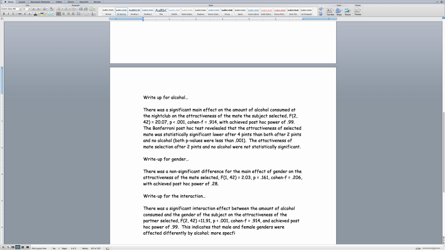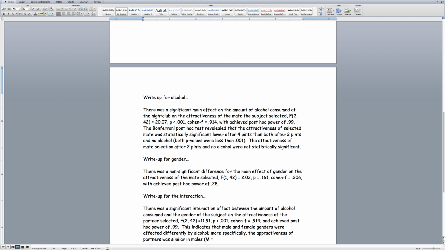More specifically, the attractiveness of partners was similar in males.